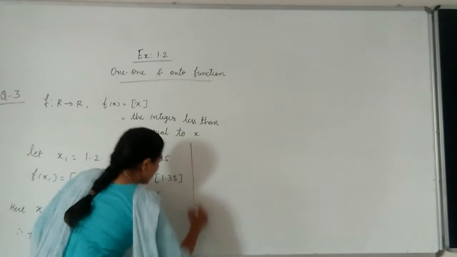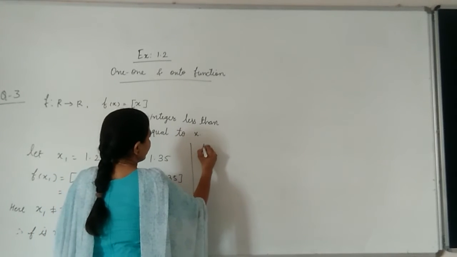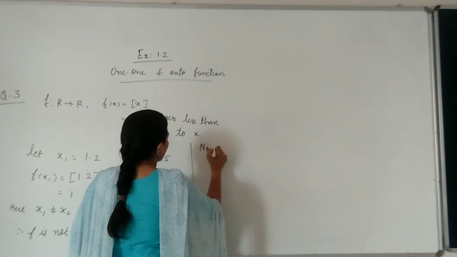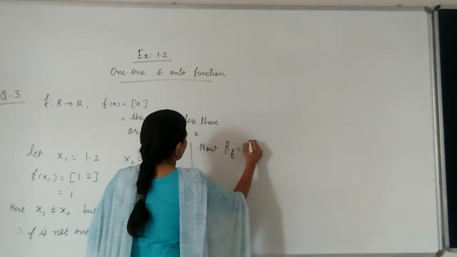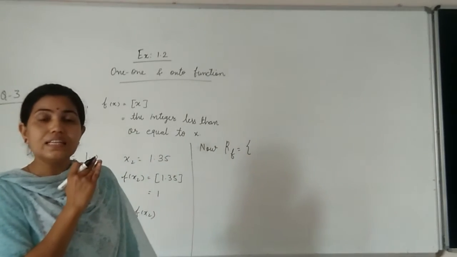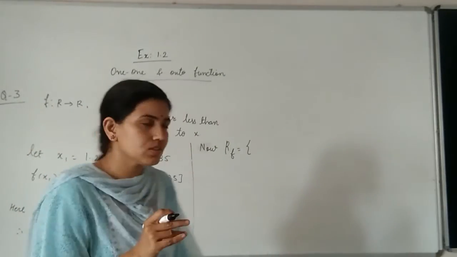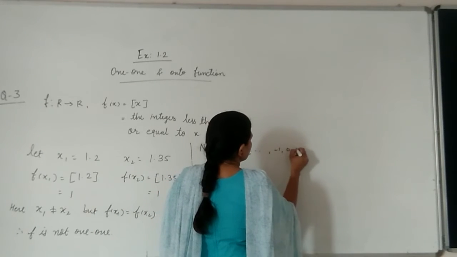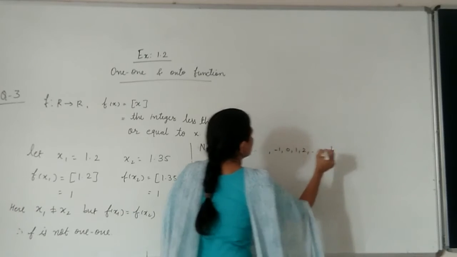Now for ontoness, what will we do? We will find the range of the function. As it gives only integers, the range of f will be minus 1, 0, 1, 2 and so on.